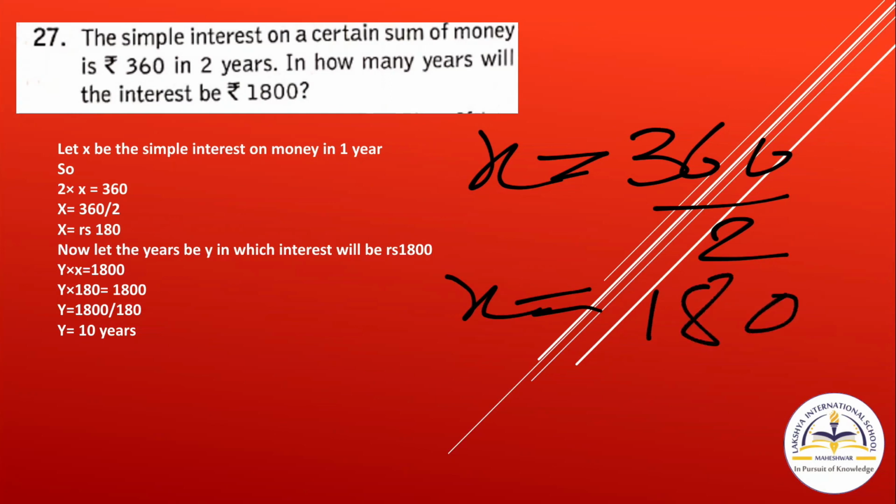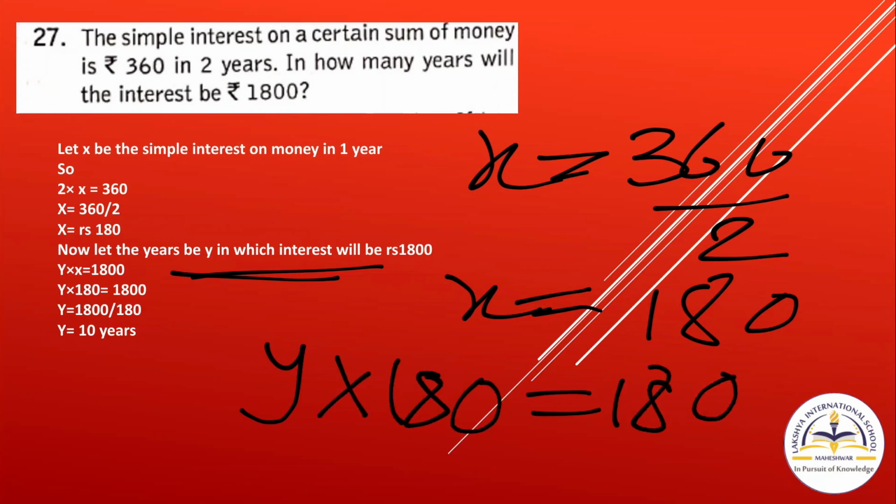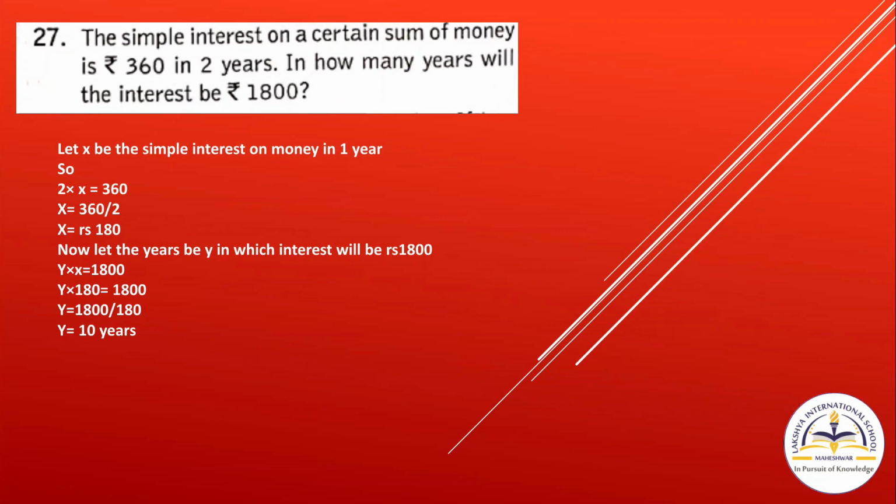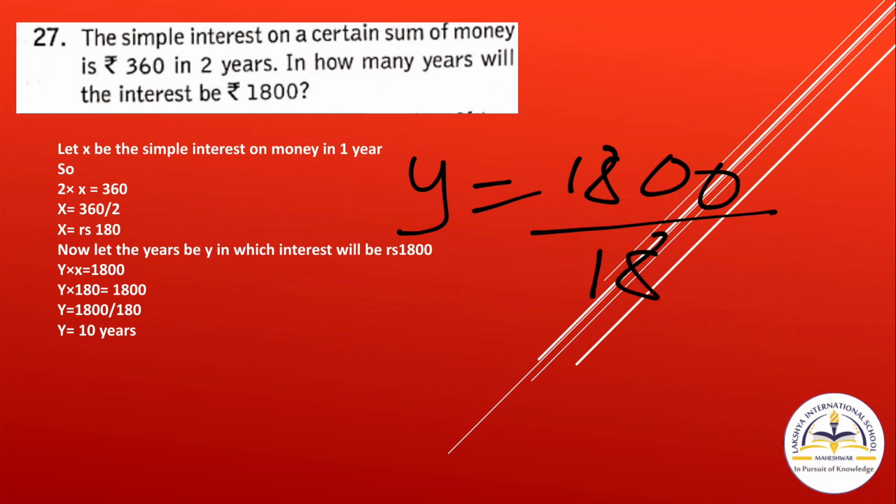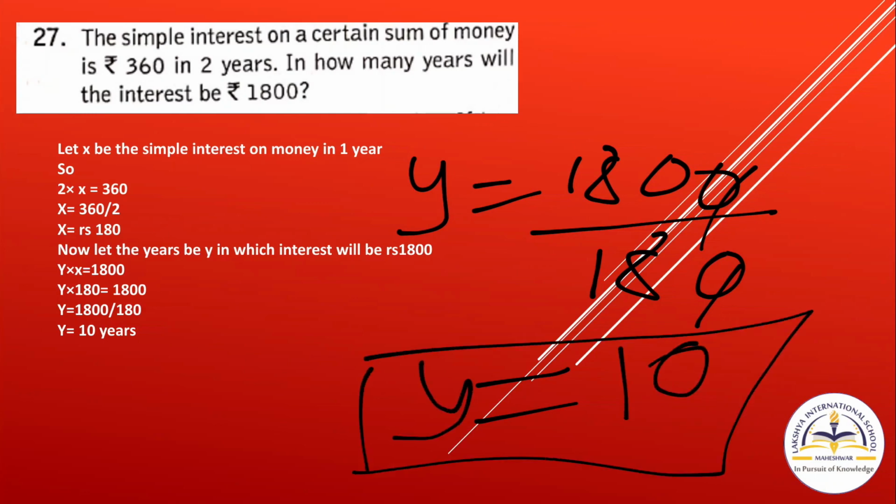Now let the years be y, in which simple interest will be rupees 1800. So y multiplied by 180 equals 1800. So y equals 1800 divided by 180. This 0 will be cancelled out. When you divide, you will get 10. So y equals 10 years.